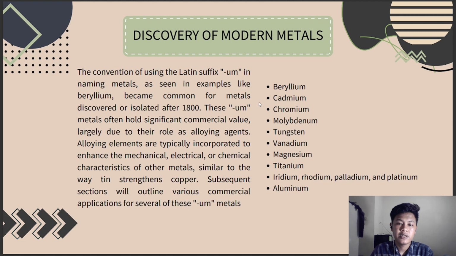Alloying elements are typically incorporated to enhance the mechanical, electrical, or chemical characteristics of other metals, similar to the way tin strengthens copper. Subsequent sections will outline various commercial applications for several of these metals. The modern metals include beryllium, cadmium, chromium, molybdenum, tungsten, vanadium, magnesium, titanium, iridium, rhodium, palladium, platinum, and aluminum.